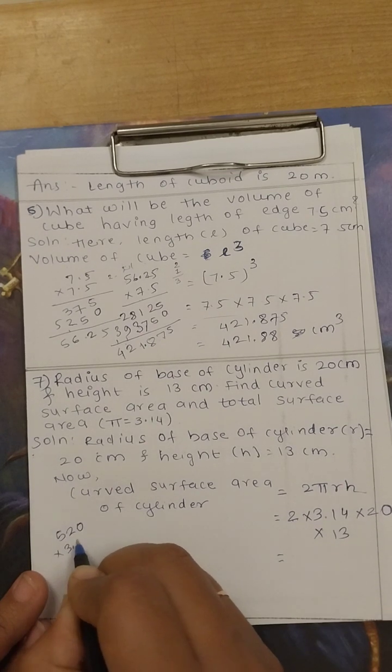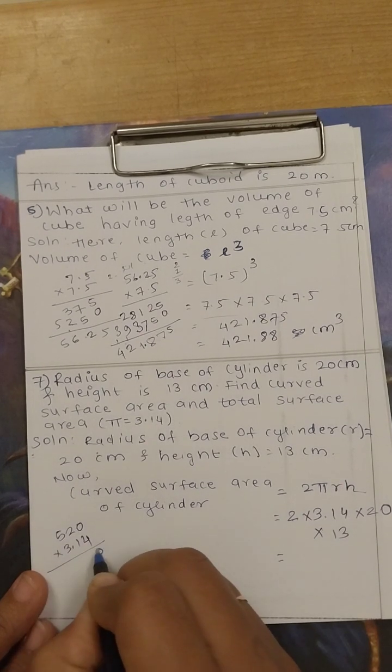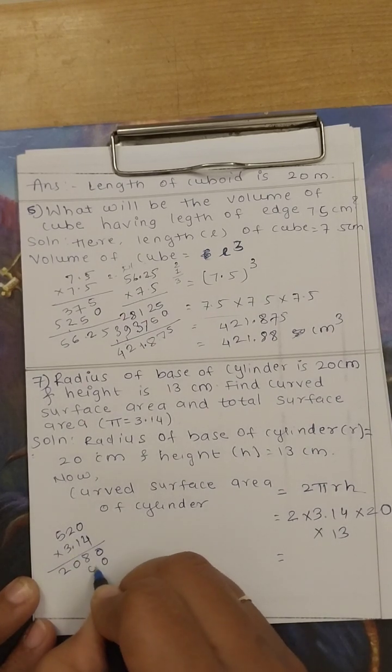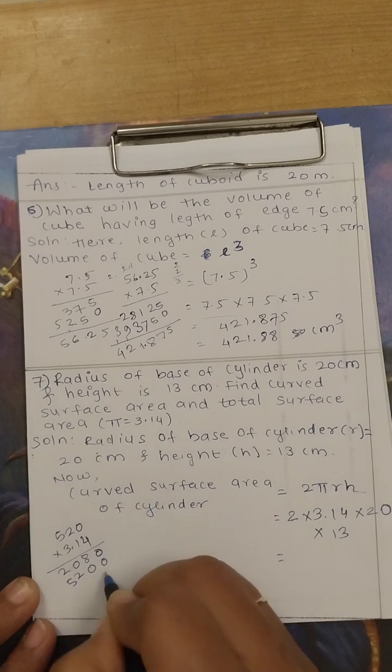520 into 3.14. 4 zeros are 0, 4 twos are 8, 4 fives are 20. 1 zeros are 0, 1 twos are 2, 1 fives are 5.